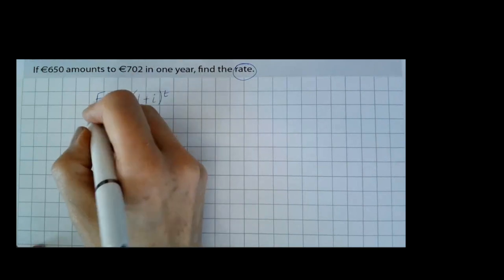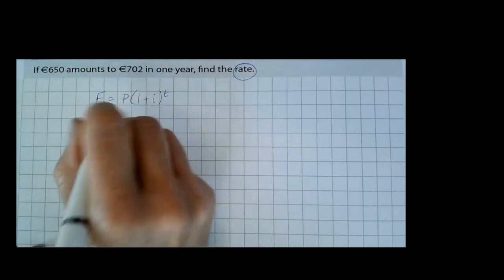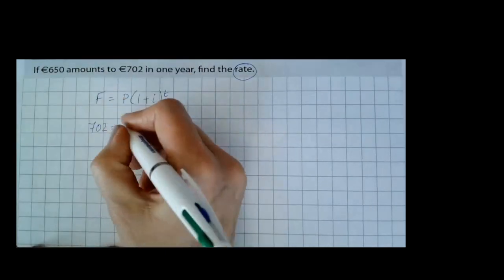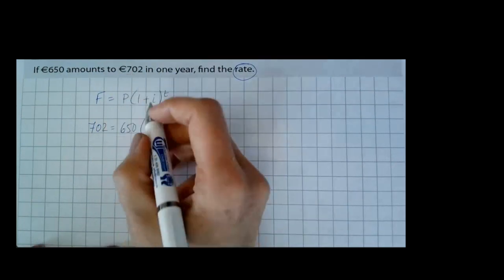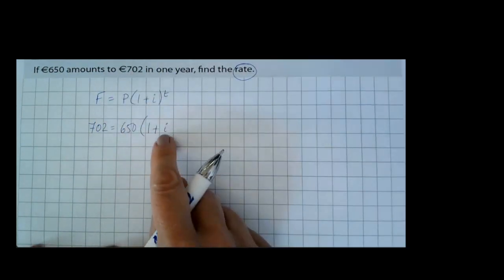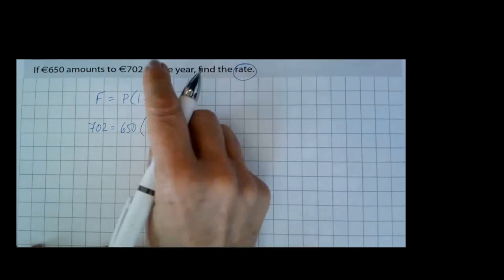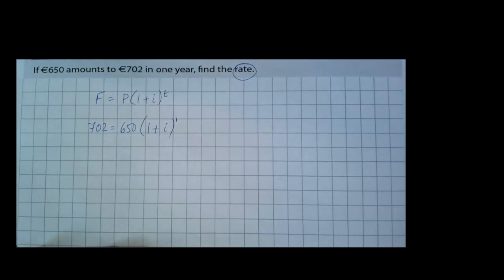So the final amount, it amounts to 702. That's my final amount. It starts at 650, which is my principal amount. I know that that's 1, obviously, plus I. I don't know the rate, so I can't fill that in. But I do know that it is 1 year, so that's the power 1.